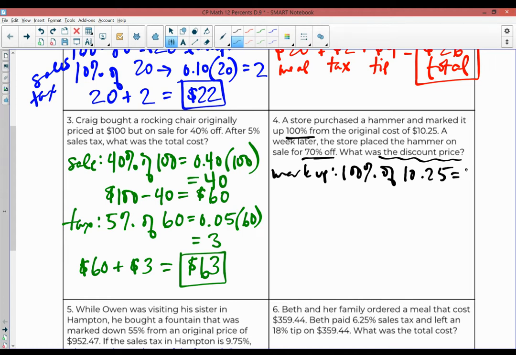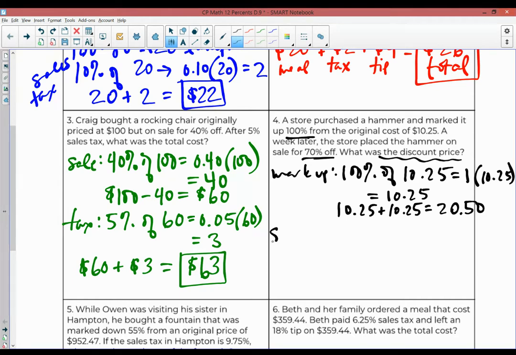So that's going to be 1 times 10.25, which is 10.25. So really they're just doubling it. So I do 10.25 the original plus 10.25 the markup, and I get 20.50. So that's how much the hammer costs at the store, $20.50.